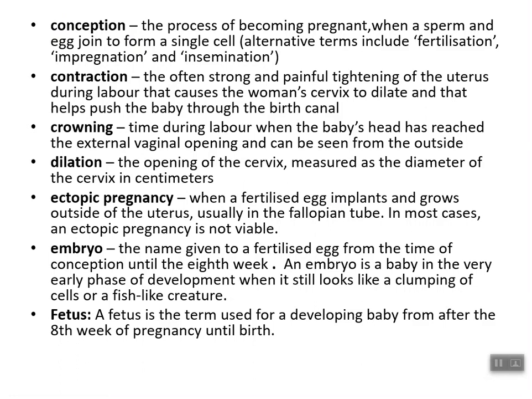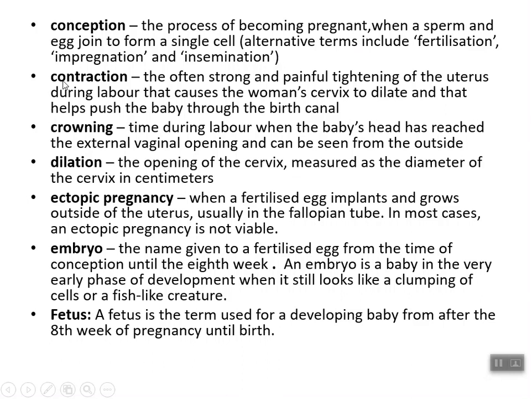Conception is the process of becoming pregnant when a sperm and an ovum, or egg, join to form a single cell, that is a zygote. Alternative terms for conception include fertilization, impregnation, and insemination.